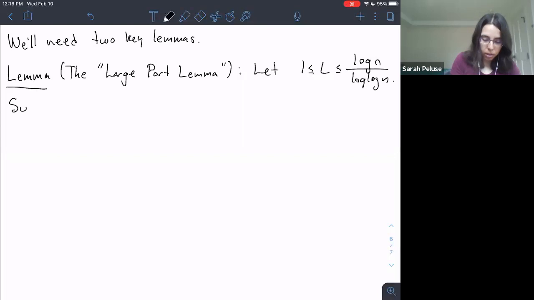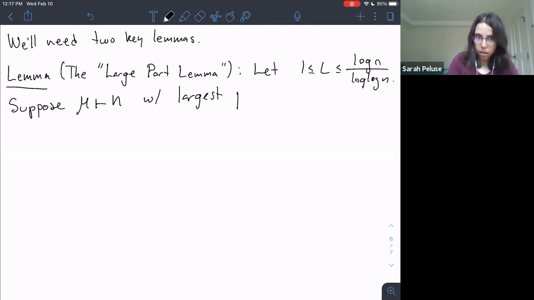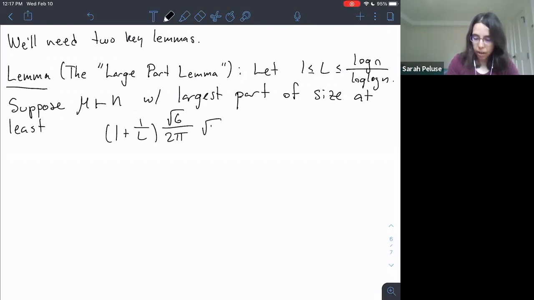And suppose that mu is a partition of n with largest part of size at least 1 plus 1 over L times square root of 6 over 2 pi times square root of n log n.